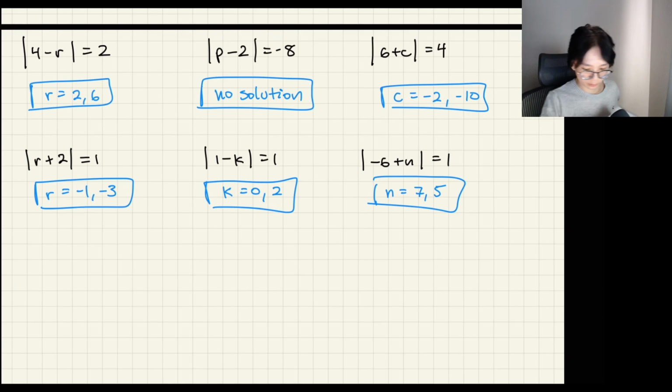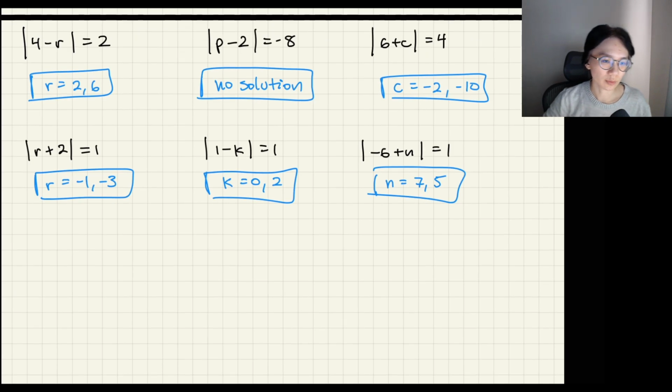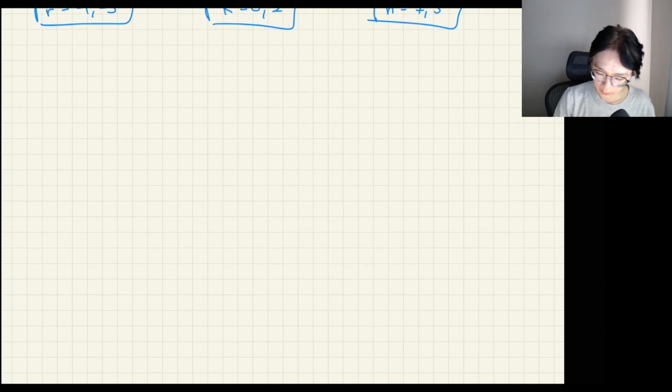So, those are all one-step absolute values with just addition, subtraction. Let's do some multiplication, division. Absolute value of 4m is equal to 20. We do the same exact thing.